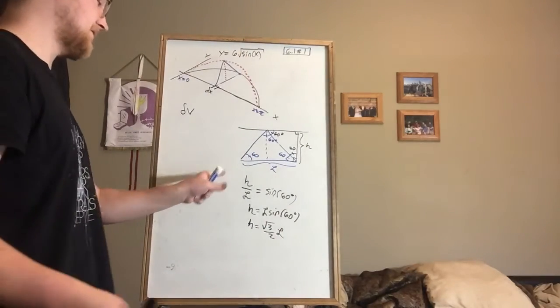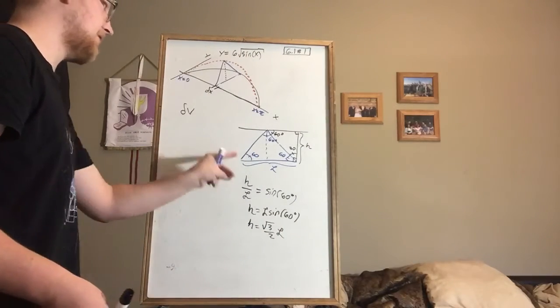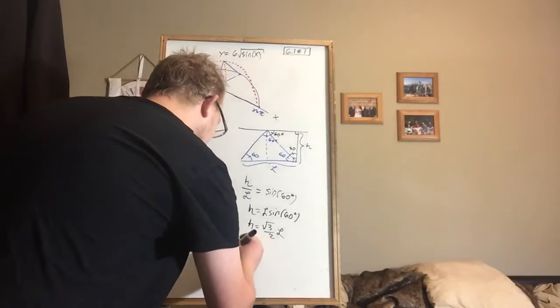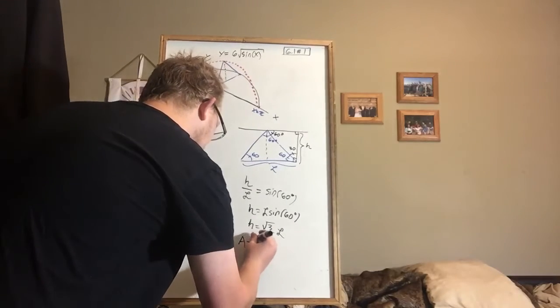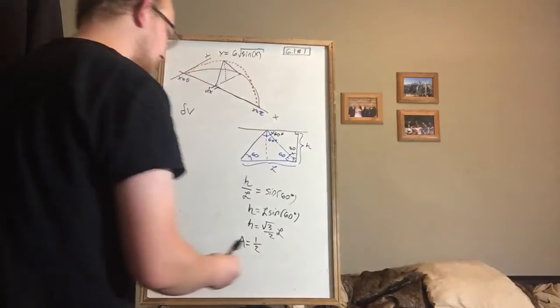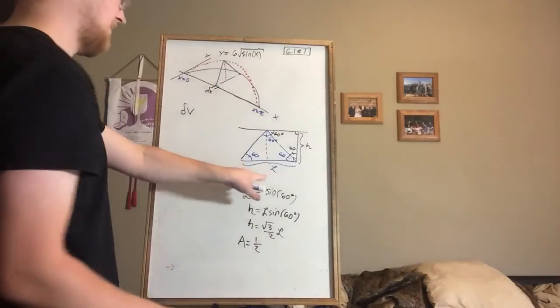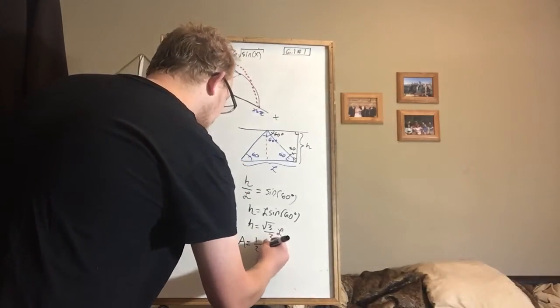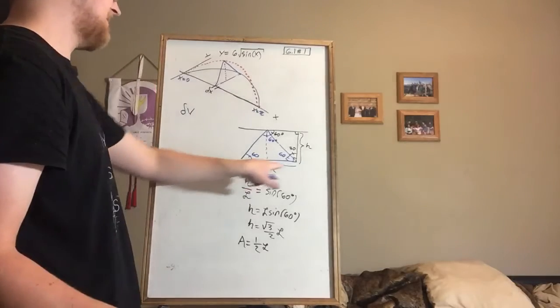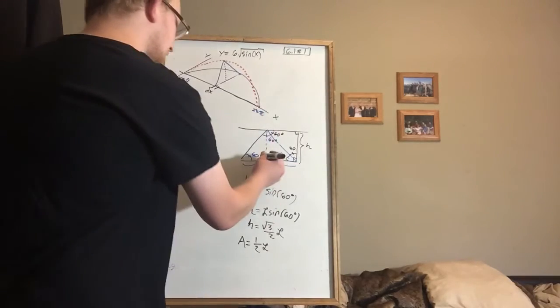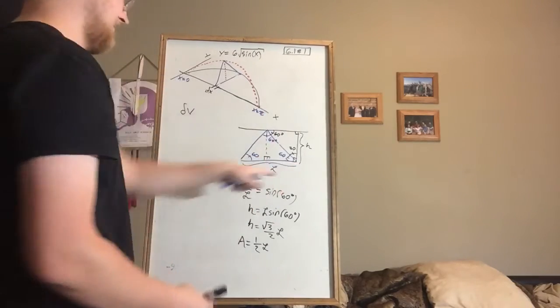And then we also know that the area of this equilateral triangle, like all triangles, is equal to 1/2 base times height. The base is L and the perpendicular height is h.